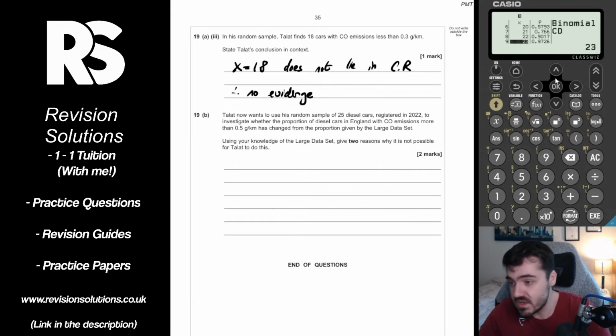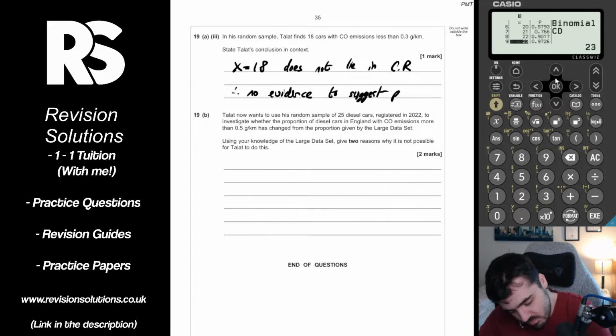It says state in context, so no evidence to suggest the proportion of cars with less than 0.3 grams per kilometer has changed.